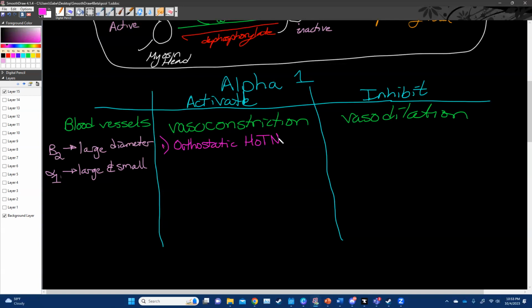So orthostatic hypotension is a condition where someone is not able to adjust their blood vessels quick enough in order to get enough pressure to send it to the brain. The result is they get really dizzy, they might even pass out. And often we see this with older people, and the result is that they fall, maybe they crack their head open on something, or they break a hip, and then it's a really, really bad situation.